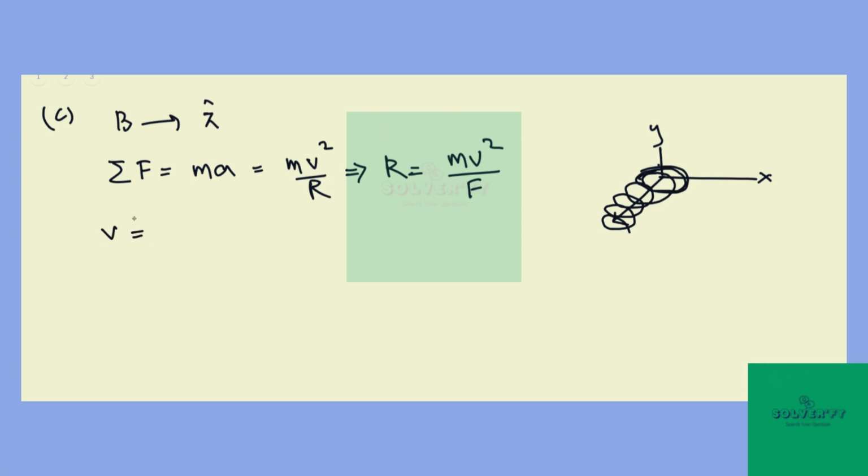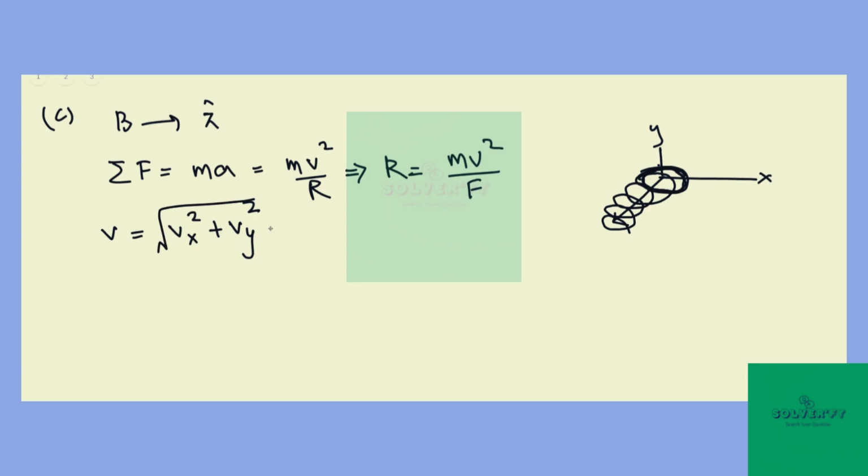So let's first find the magnitude of the velocity. This is going to be equal to the square root of vx squared plus vy squared. We don't need vz squared over here, because the force is in the xy plane and the centripetal motion, the linear velocity is only due to the x and y components of the plane.